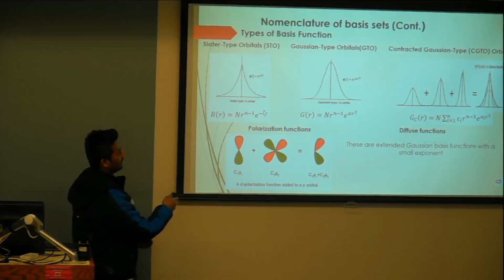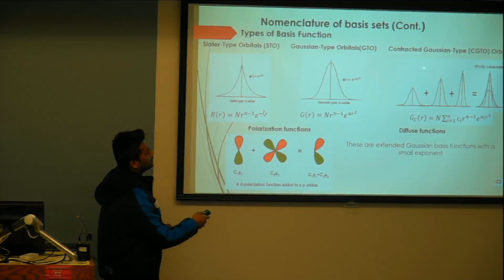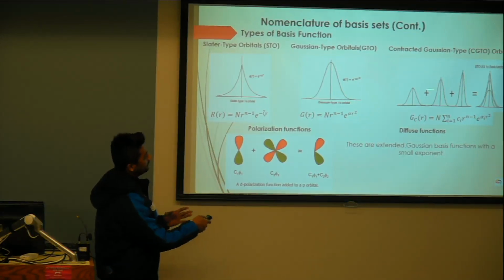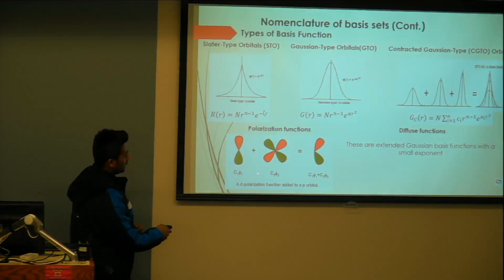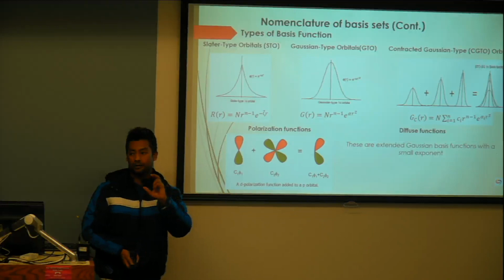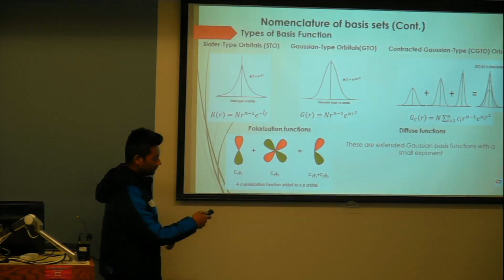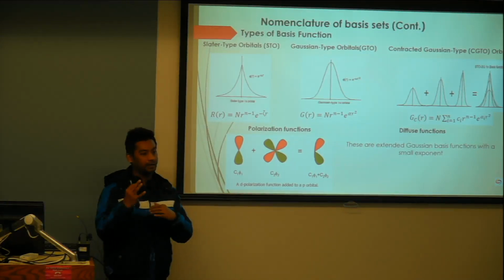Here is the zeta function, and there is another one, CGTO, the contracted Gaussian, where three Gaussian functions are contracted into one. For the polarization function, a d orbital is added to the p orbital. For diffuse functions, very small exponents are used, because there is not that much variation.